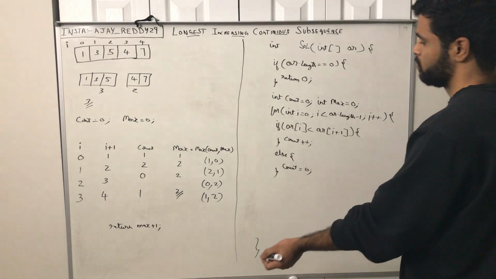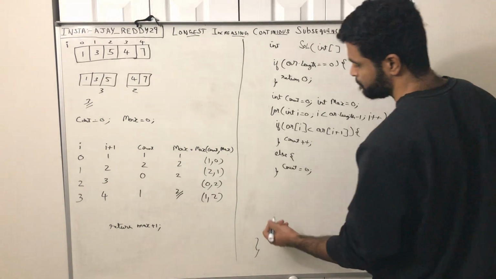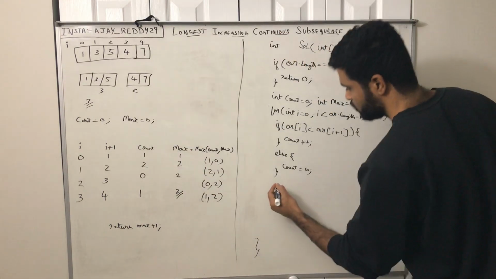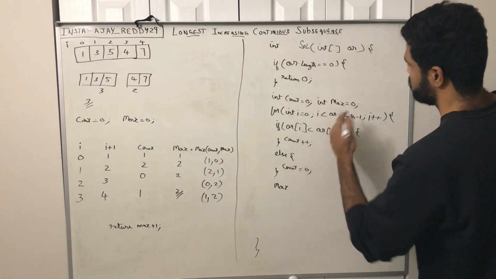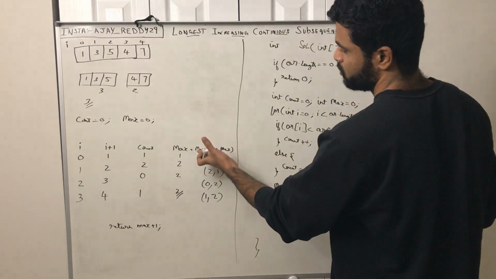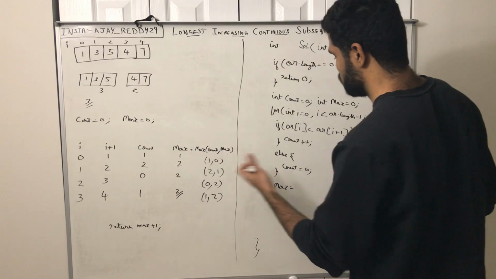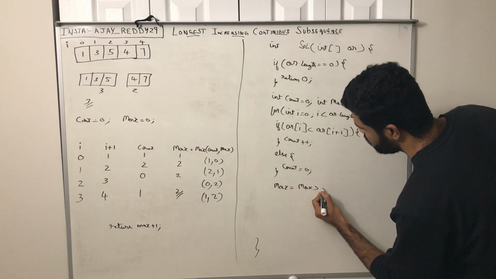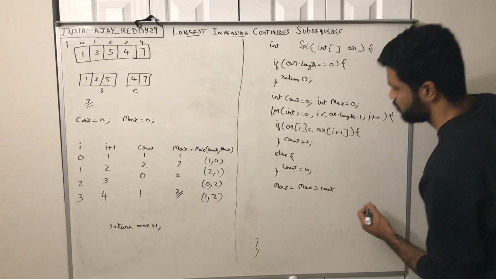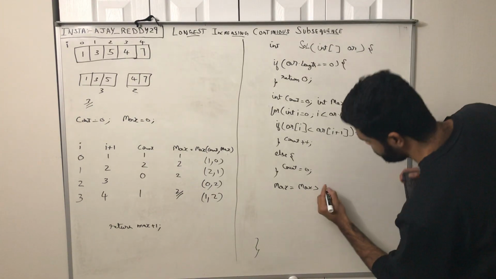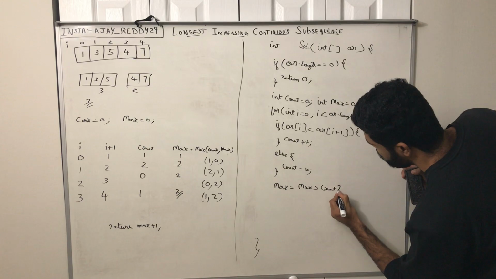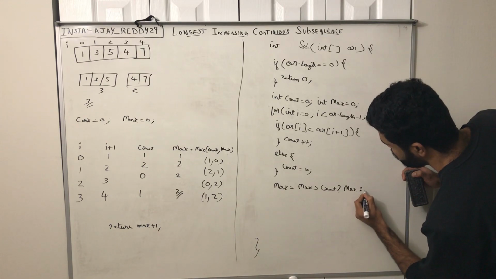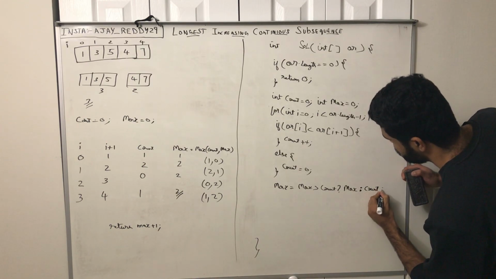So else I will make count equal to 0, and in each iteration I want to also update the value for max. So for that reason I will use max equal to max of count and current max. So I'll use a conditional statement here. If max is greater than count, then I will assign max, else I will assign count to the max variable.